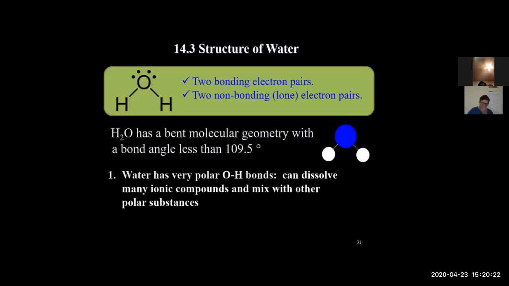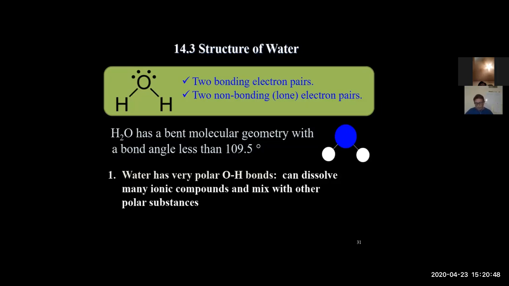Now, briefly, we're going to talk about water. It's kind of unique in itself. Water, I mentioned this before, is very, very polar, the most polar solvent that we have. It has two bonding pairs and it has two lone pairs. Okay, its bond angle is much less than 109.5 because of the lone pairs.